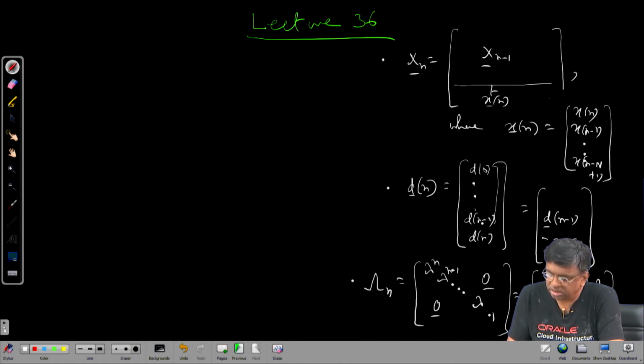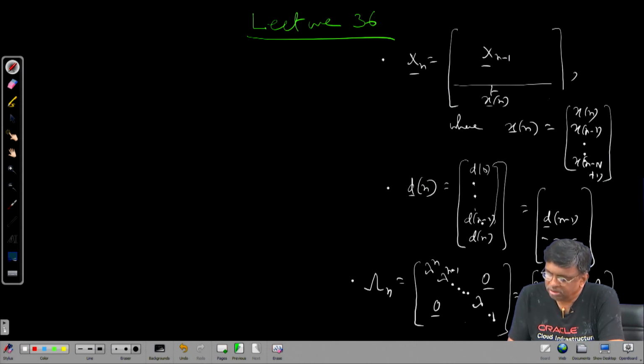I am basically partitioning the last row, of which I have all zeros and just a 1, and the last column all zeros and this 1. So, the upper half is lambda, lambda square, lambda cube up to lambda to the power n. So, lambda I can take common. So, it will be 1, lambda, lambda square, this will be lambda to the power n minus 2, because one lambda has been taken out, and this will be lambda to the power n minus 1.